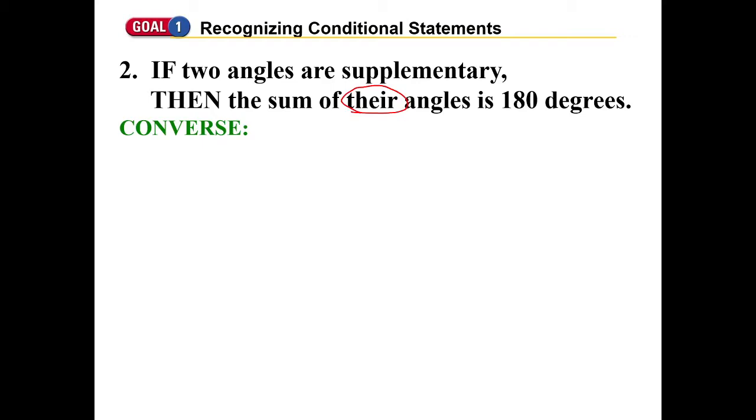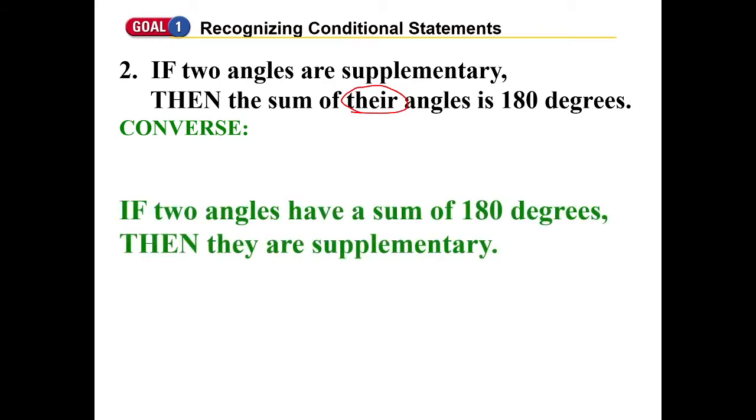If the sum of two angles is 180 degrees, then they are supplementary. Or you can have it this way: if two angles have a sum of 180 degrees, then they are supplementary. So you can rephrase it as long as the thought is there. That is totally correct. Is that clear, Section Ruby? Yes, sir.